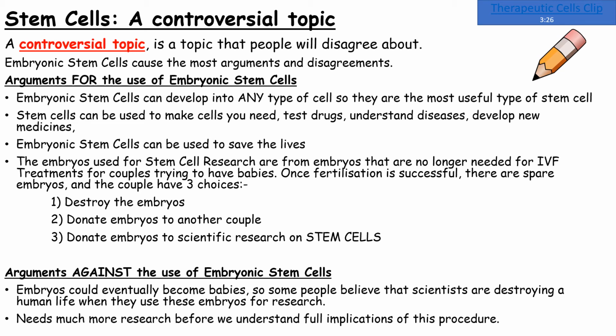So other people that are against embryonic stem cells and against using them argue that embryos could eventually become babies. So some people believe that scientists are destroying a human life when they use embryos for research, and that more research needs to be done before we understand the full implications of the procedure.